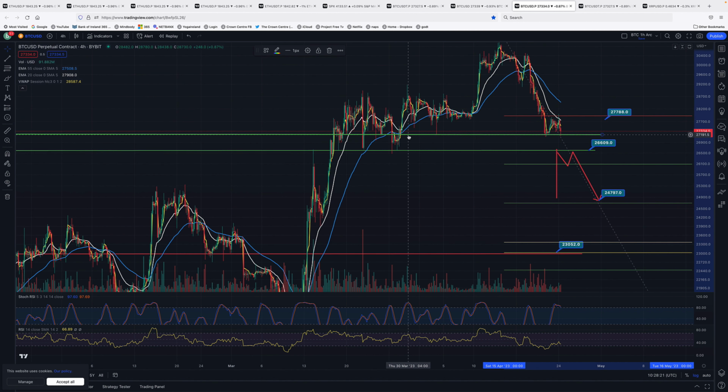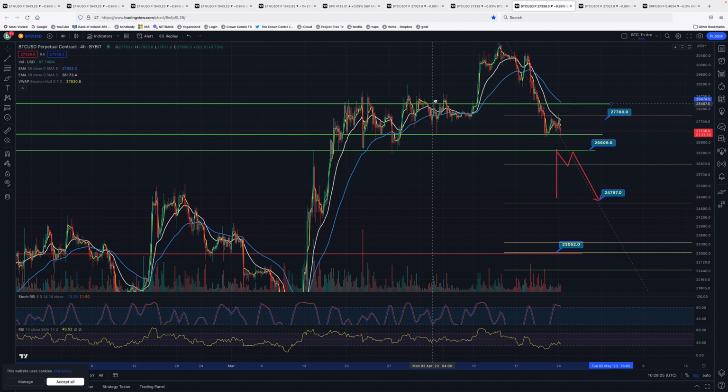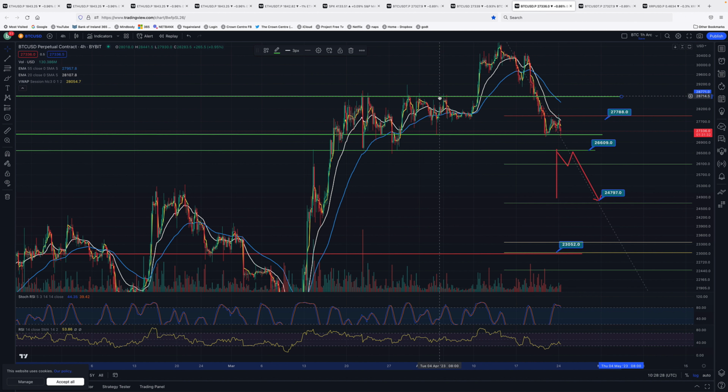So we're going to see if we're going to have another lift here. So what we do is we short here. So I'm just going to color code this red.